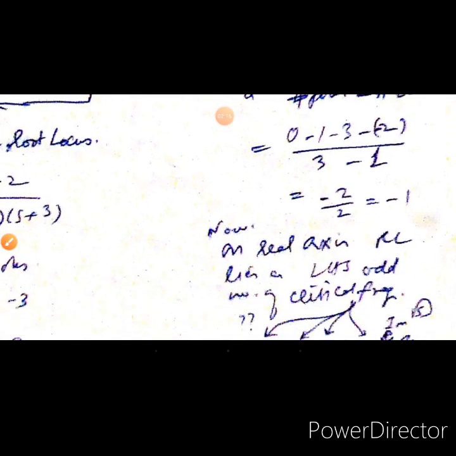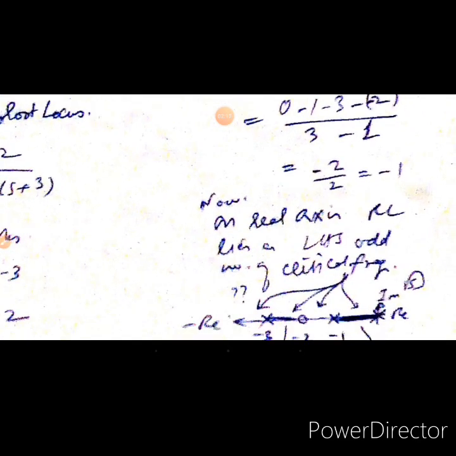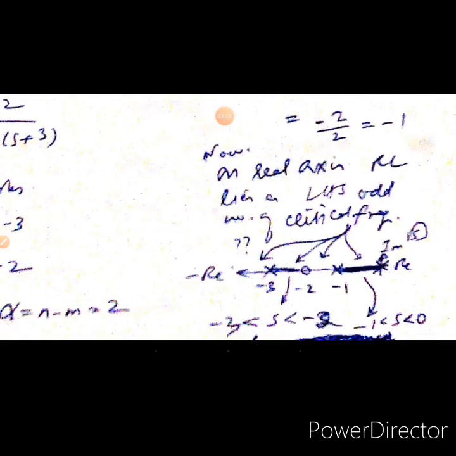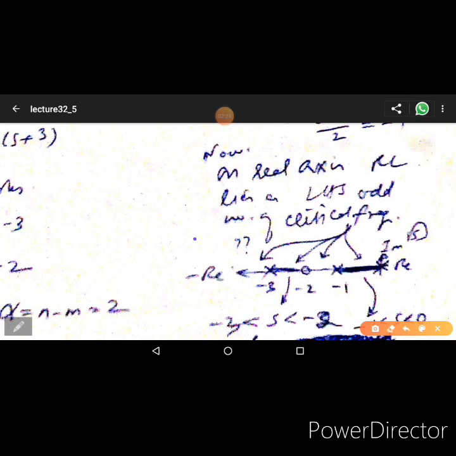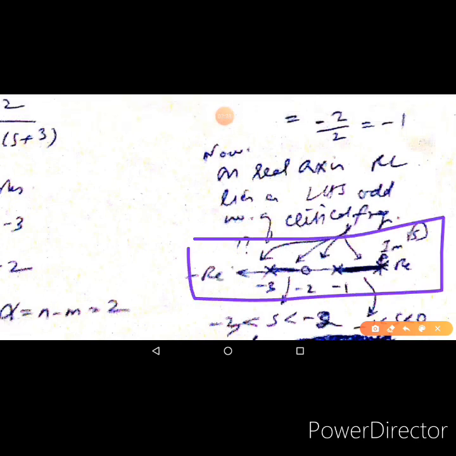Now on the real axis, the root locus is supposed to lie on the left hand side of an odd number of critical frequencies. So here is a sort of complex plane which we have drawn, with the imaginary axis over here and this is the real axis. We have a pole over here at the origin because there is an open loop pole at s equal to 0. Then we have this pole, then we have a 0, and then we have a pole.